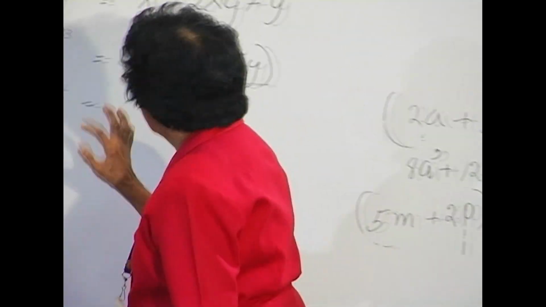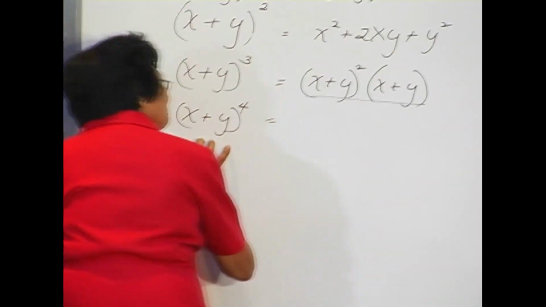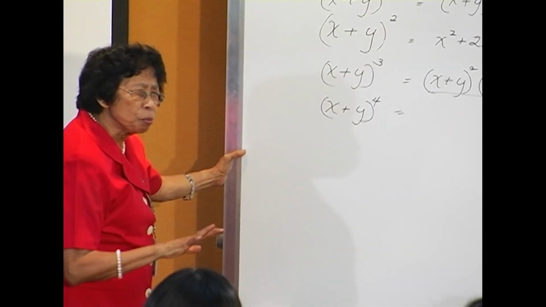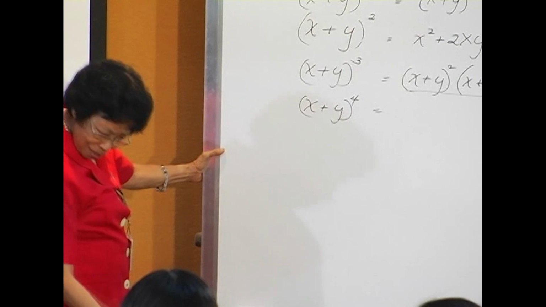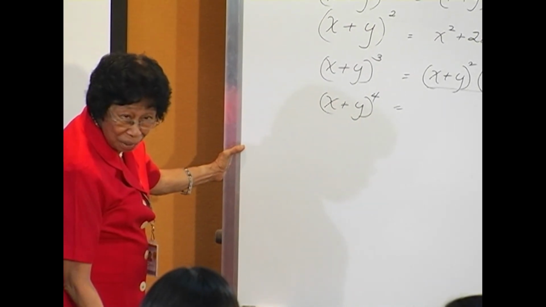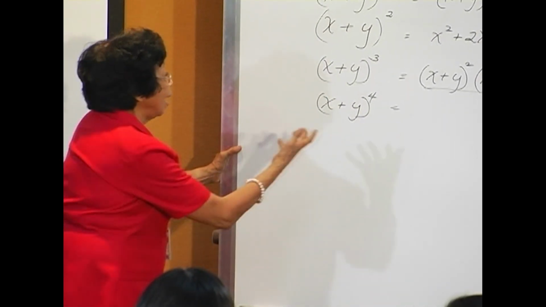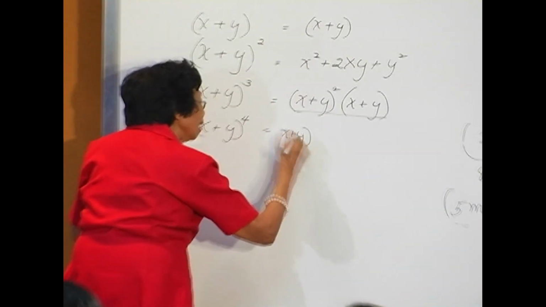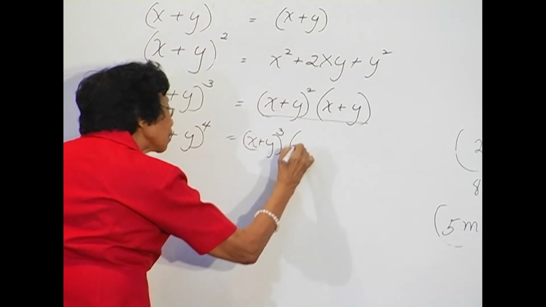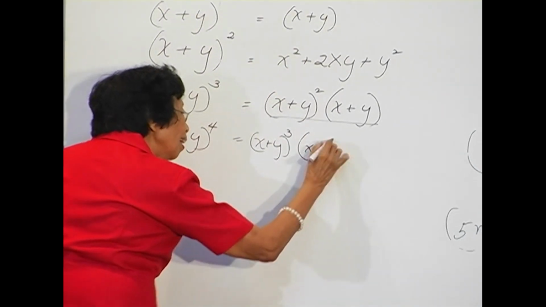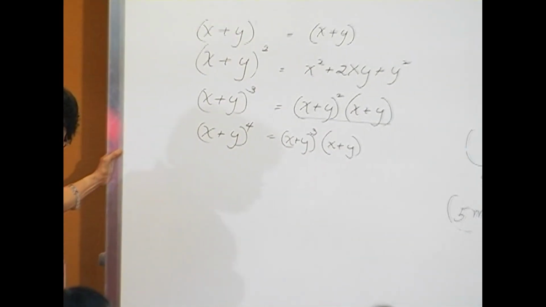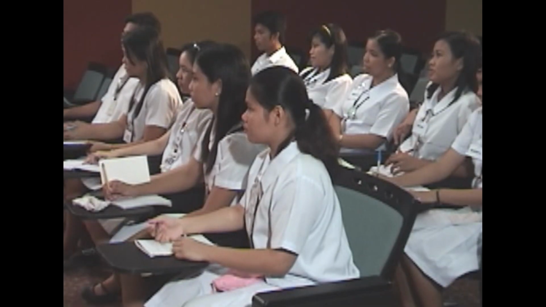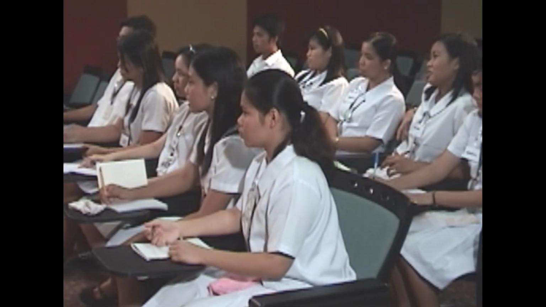What is the way I can do this? It's like a ladder. As you progress upwards, you can use the previous step, right? Yes. So can I say this: (x plus y) squared times (x plus y)? Would that be a good approach? Yes. What's another approach? (x plus y) squared times (x plus y) squared.